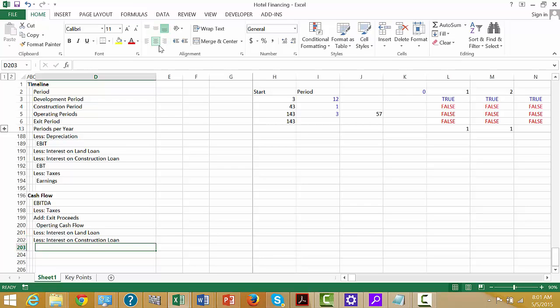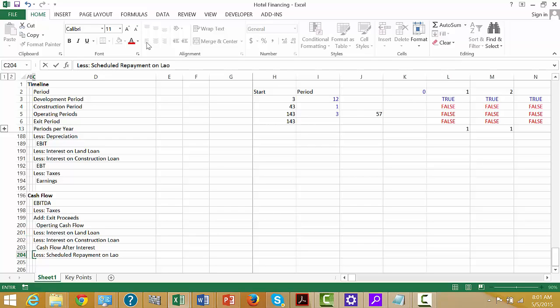Oops, why did that happen? Cash flow after interest. And then why don't we put less scheduled repayment on land loan. Remember, that's from above. And we can make a cash flow after land loan repayment.